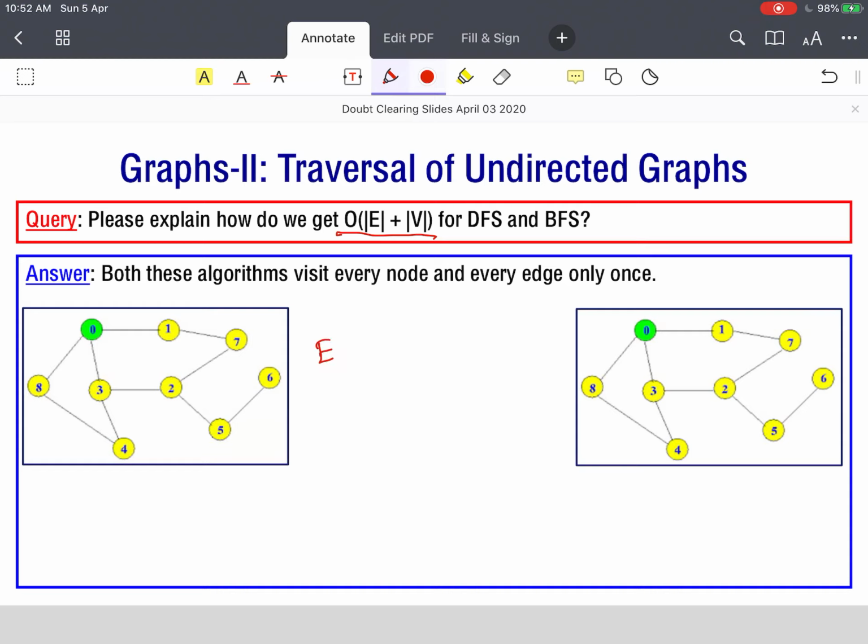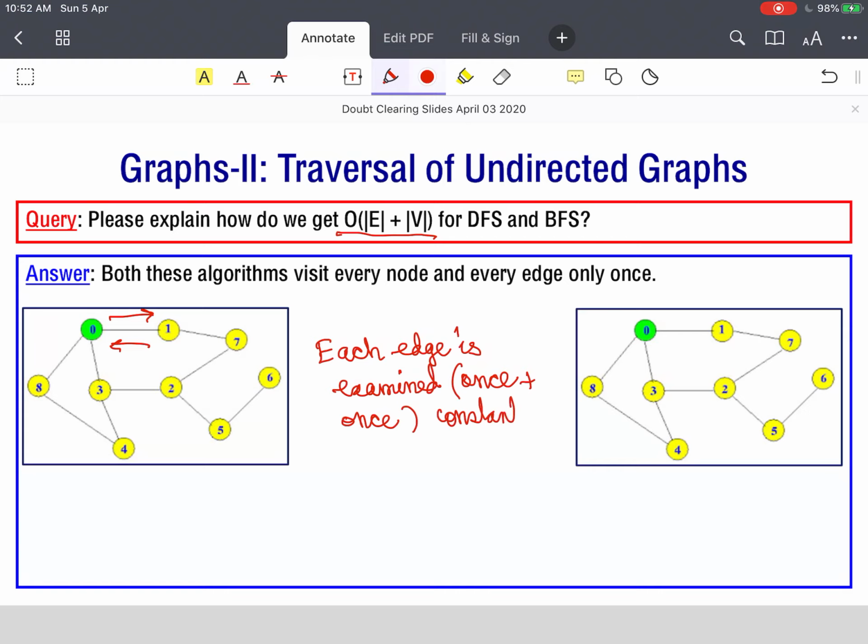How do we get order V plus E in DFS and BFS? The question is, each edge is examined once in one direction and once in another direction. So in two directions, when you go from here to here and here to here.